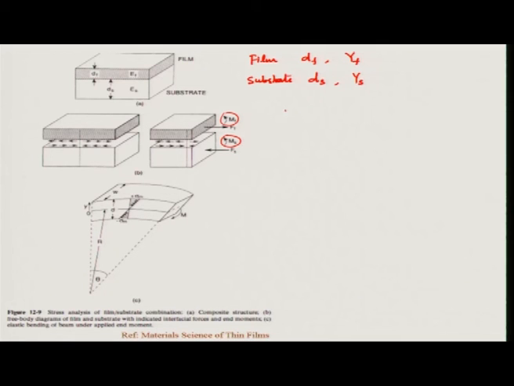So the bending moment for the film will be given by Yf df cube w divided by 12R, and R is the radius of curvature of the combined substrate and film bending.